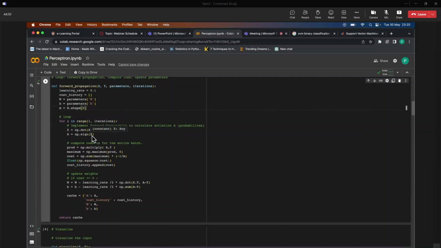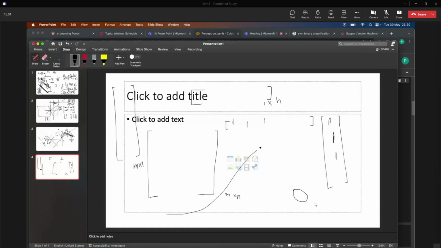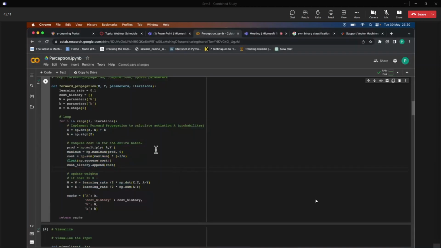What is the sign? Sigmoid function used it, yes, but how did we use it? We made an s like this, no? We made an x like this, right? And then we started classifying the model. We had another problem where we use sign.